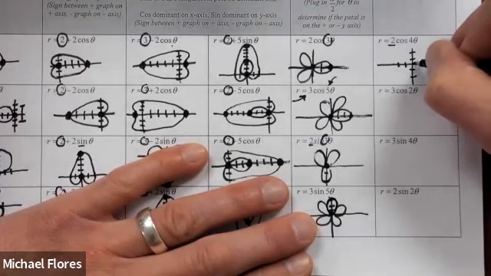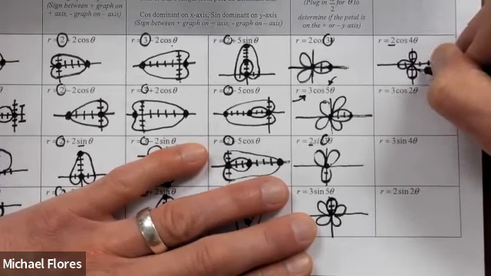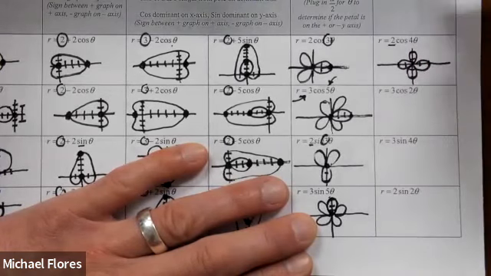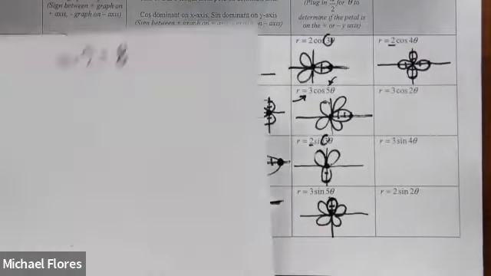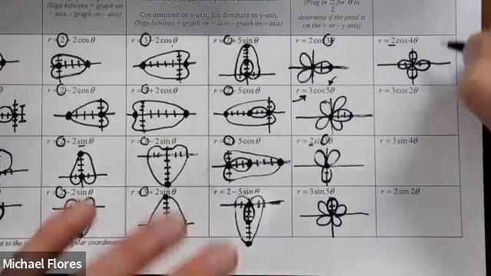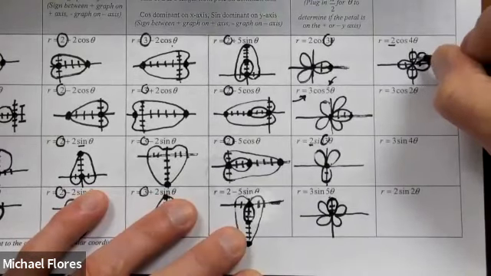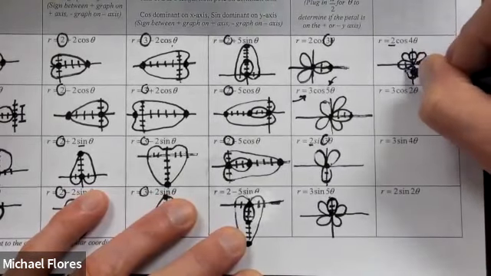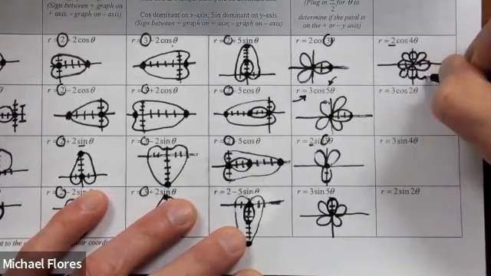And we're going to start graphing 4 petals. 1, 2, 3, 4. We need a total of 8 petals, remember? Because 4 times 2 is 8. So just do the best you can to draw 4 more petals evenly about the graph.